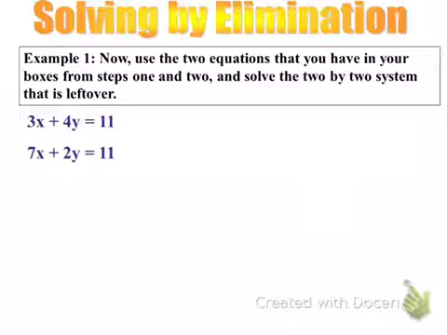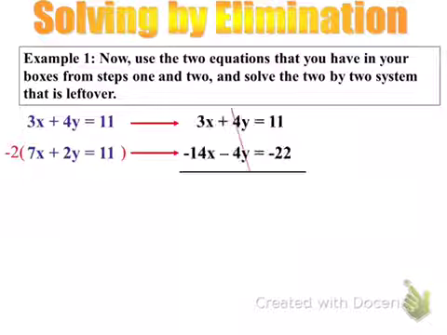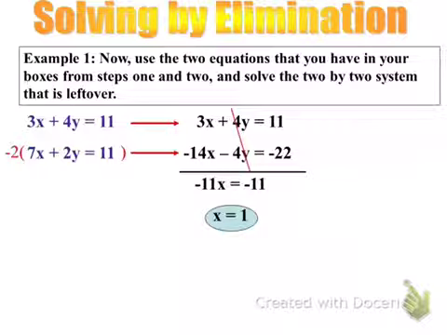And we can solve those using a 2x2 technique. Suggestions? Eliminate the y's by multiplying the bottom equation by -2. That gives us that. And pretty quickly, we get -11x equals -11.